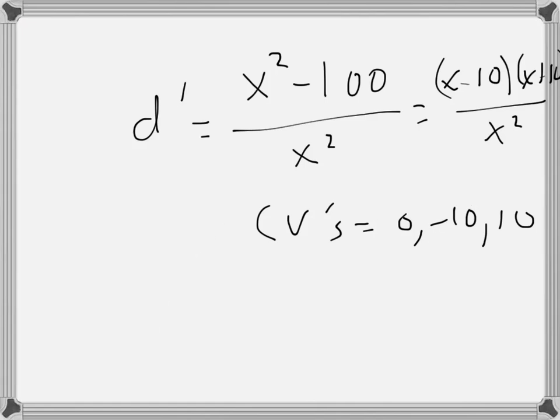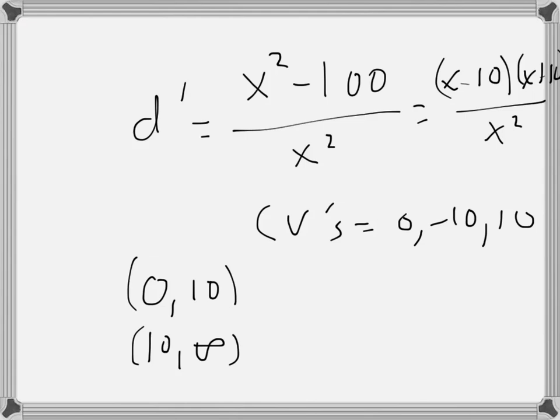So we need to look from 0 to 10 and 10 to infinity and show that the derivative has one sign before and one sign after, always in that region, and then check that it fits our min or our max.